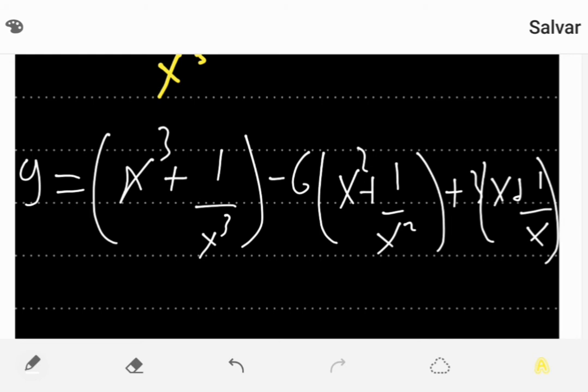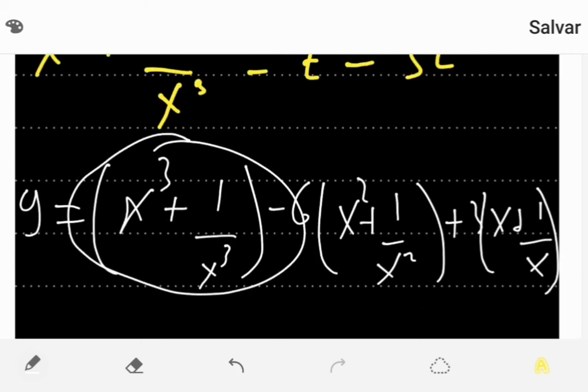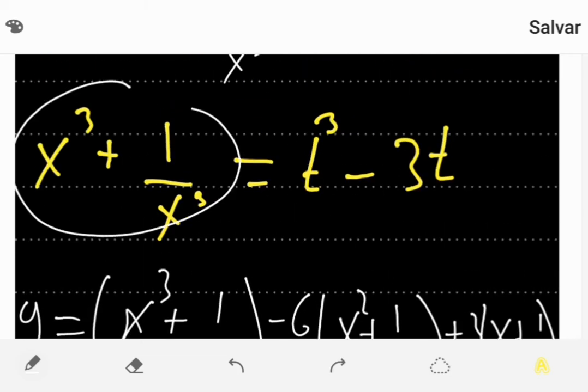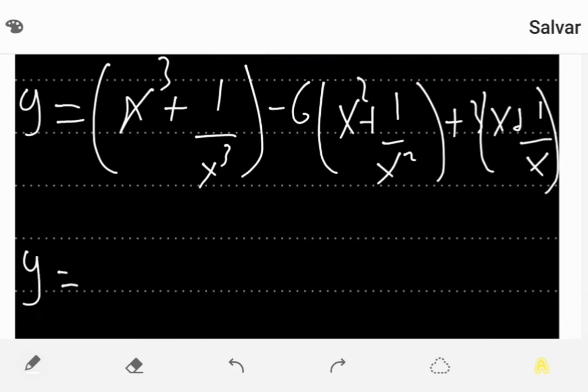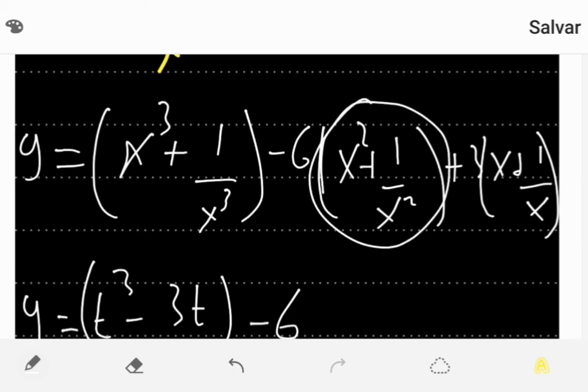So this was our function and we had to write it in terms of t. Well, let's start writing in terms of t. We have this term over here, but what was this term equal to? Well, it was equal to this, right? So let's put this value, t cubed minus 3t. So minus 6 multiplied by this term over here.